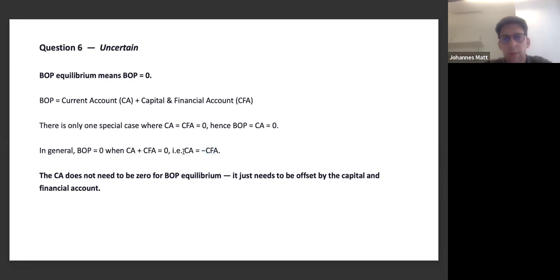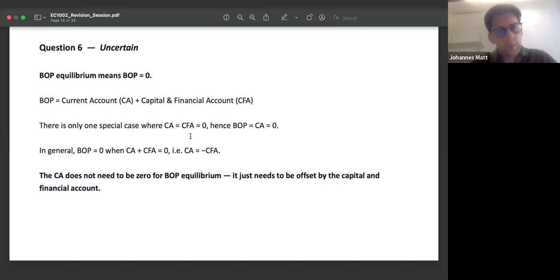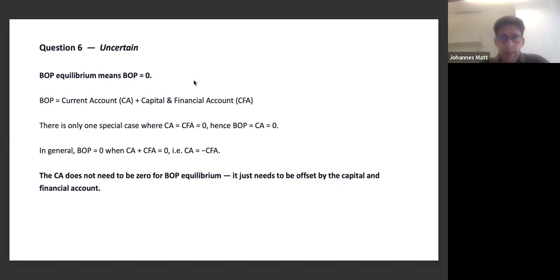So, for example, a country that is running a current account surplus, so is exporting more than it is importing, but running a capital and financial account deficit, which means that there's more capital inflow into that country than capital outflow of that country. In that case, the two cancel each other. And again, we would be in a situation where the balance of payment is in equilibrium as well.